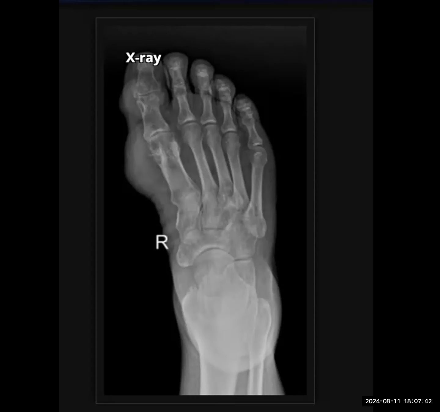The gout crystals would not show birefringence. However, the other ones would show birefringence. Also, there is a difference in the shape. I think the gouty arthritis crystals are hexagonal, polygonal in shape, and the other ones are needle-like in shape. However, I'm not very sure of the latter point.